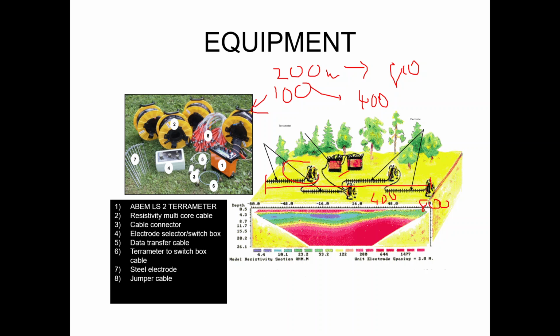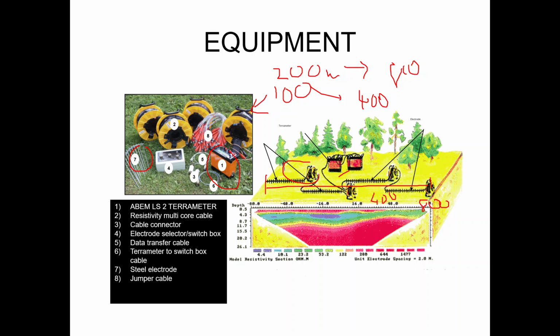So we use electrodes that we have to punch into the ground. We have the jumper, and then we have a battery. Then this is the data acquisition logger, the data logger, and this is how we arrange the equipment on the field.